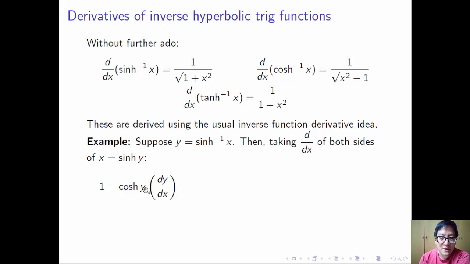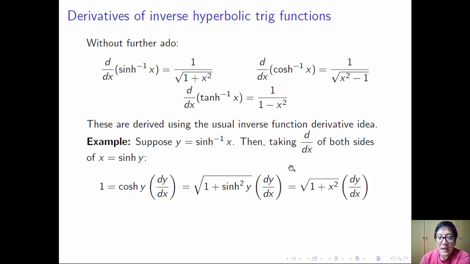And remember, since cosh squared minus sinh squared is equal to 1, cosh is equal to the square root of 1 plus sinh squared, again times dy dx. We started by saying that x is equal to sinh y, so we can substitute that in and get the square root of 1 plus x squared.